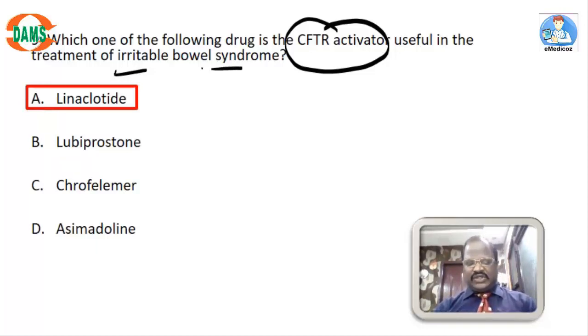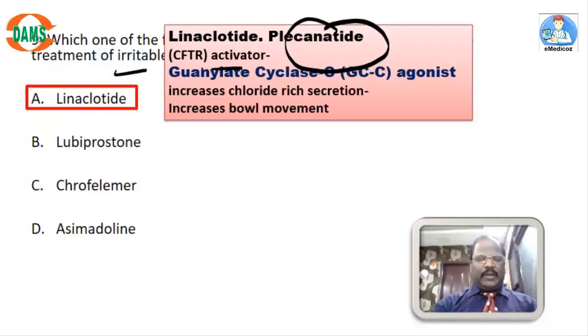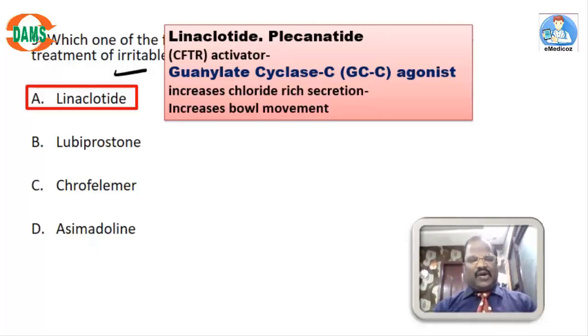Here the take-home message: there are two important CFTR activators useful for IBS, linaclotide and plecanatide. Both act as guanylate cyclase C agonists. They increase chloride-rich secretion, thereby increasing bowel motility. So they are useful for the treatment of constipation-type irritable bowel syndrome.